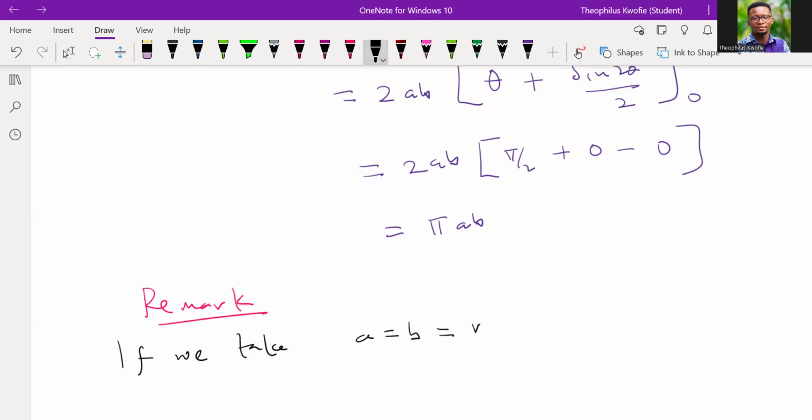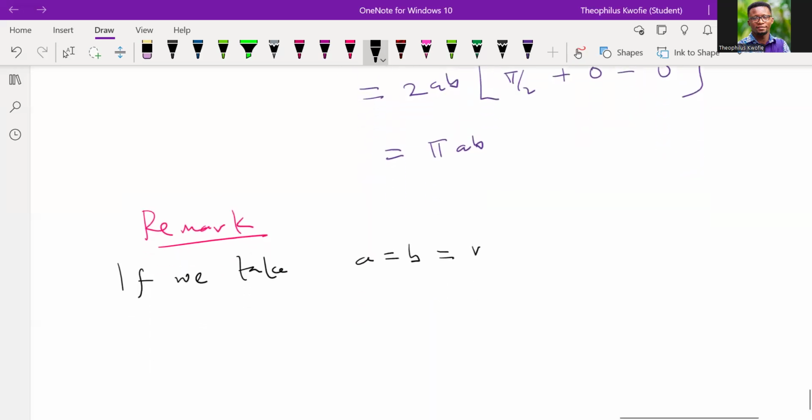Then we have proved the famous formula that the area of a circle with radius R is pi R squared. Now my A is R and my B is also R, which means I'm going to have R squared, right? So now I've been able to prove the famous formula for the area of a circle of radius R, which is pi R squared.